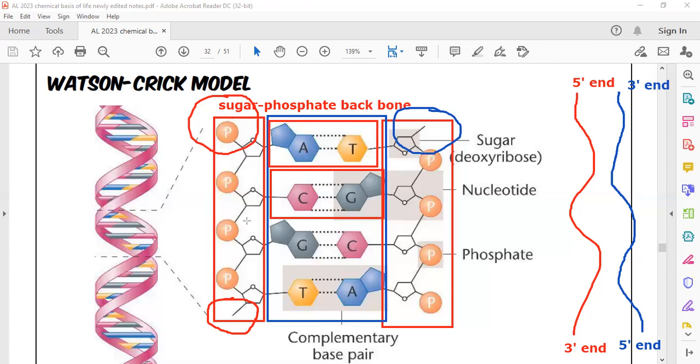Am I right? So always adenine's pair is whom?